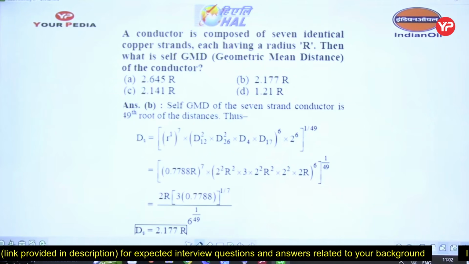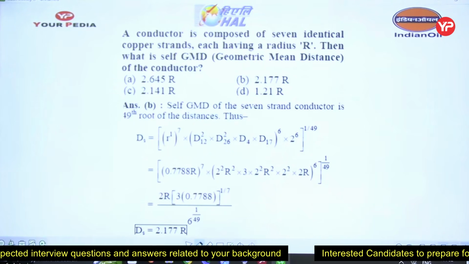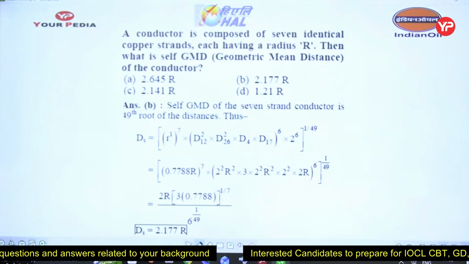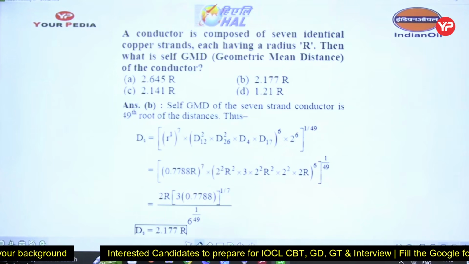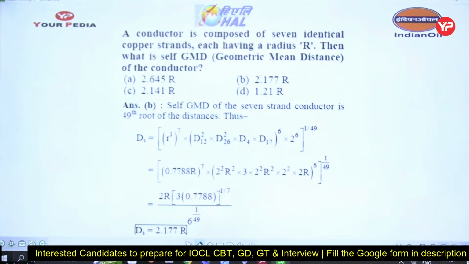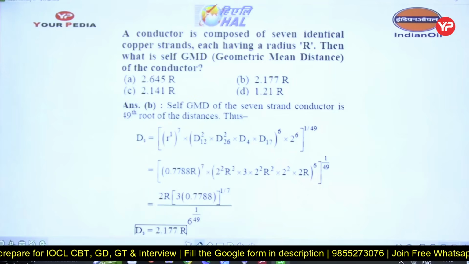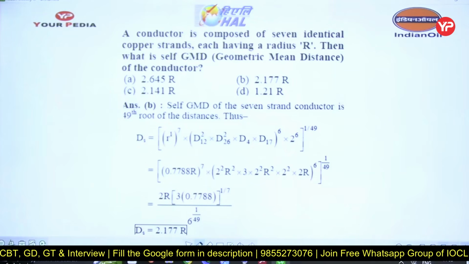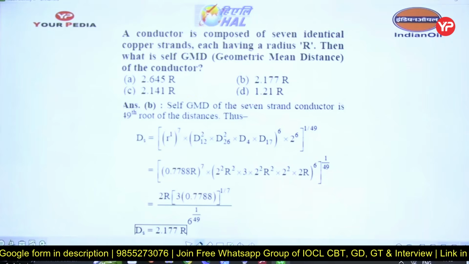To remember, self GMD and GMR are both the same. Self GMD is for a bundle conductor or for this stranded conductor. If a single conductor is there, we will take GMR. Yes, I'll wait for 1 more minute. Try this.